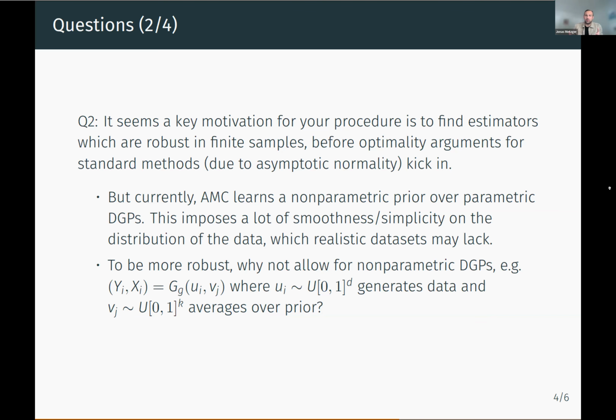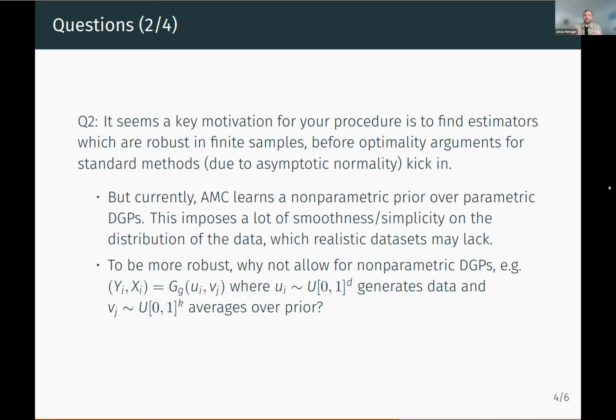But if that is our goal, currently the AMC procedure learns a non-parametric prior over very simple parametric DGPs. Sure, we can make those more complex and maybe use a Gaussian process or something. But still, we would impose a lot of smoothness by assuming Gaussianity or uniform distributions in there. And we are inherently unable, as human researchers, to really articulate the full potential for asymmetric distributions.